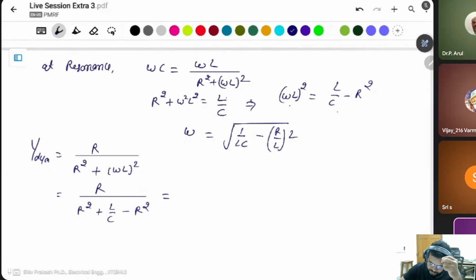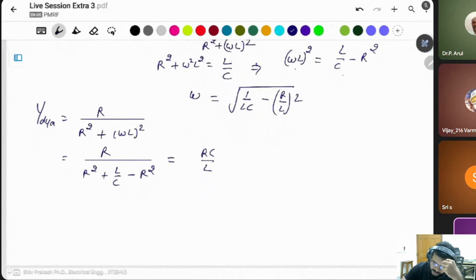R square cancels out. This will be RC by L. This is the admittance, the dynamic admittance.